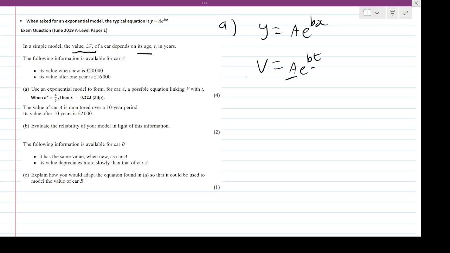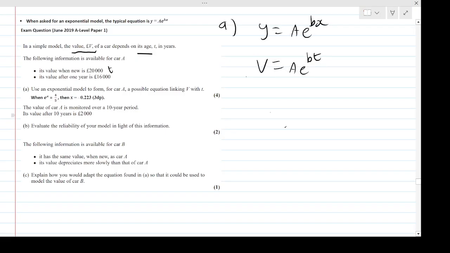So now we just need to find a and b to get the actual model. But we're given these two bits of information. So firstly, the value when it's new is 20,000, but when it's new, it has no age, so the age t is 0, right? So then v will be 20,000, okay?